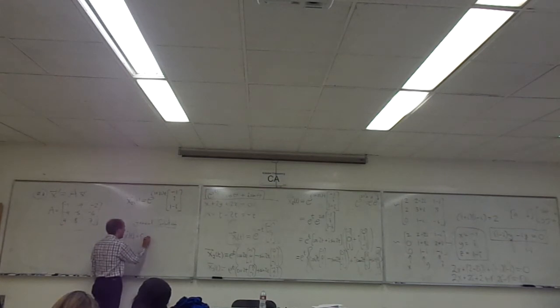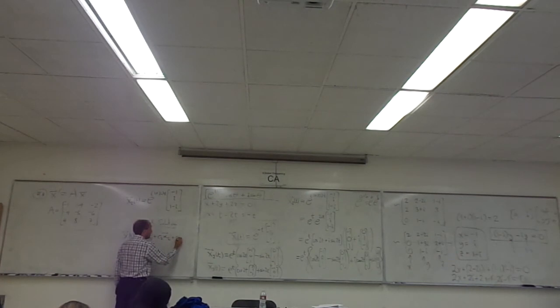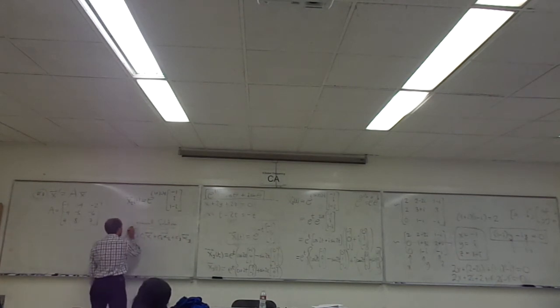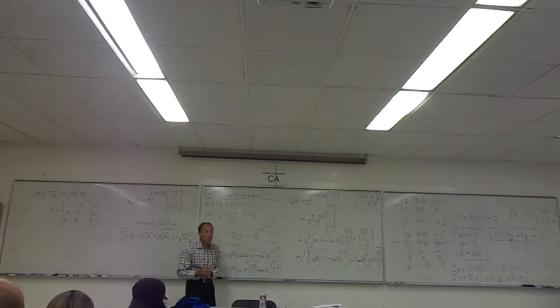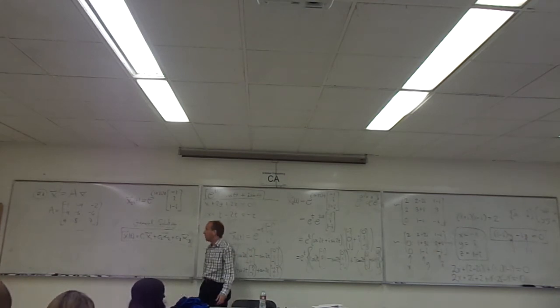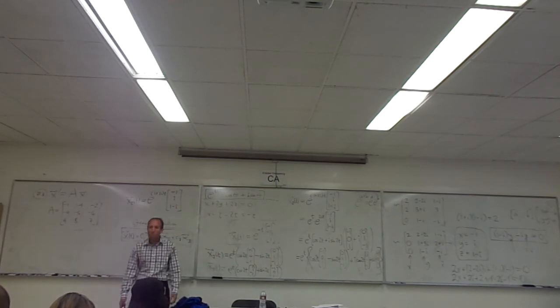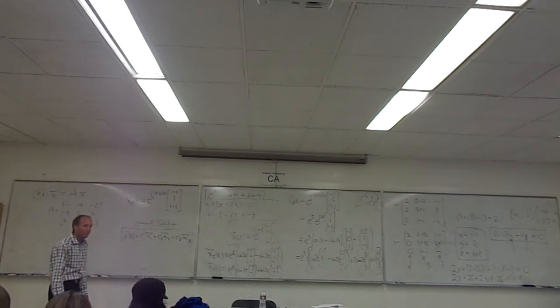So c1 x1 plus c2 x2 plus c3 x3. You're welcome to do that as long as you're not being sloppy and I can figure out where your x1, x2, and x3 are. If you don't want to recopy them, that's fine, although there's not going to be any rush. So if you want to take your time and write it out again, you can. Does that make some sense? Everybody good with that?